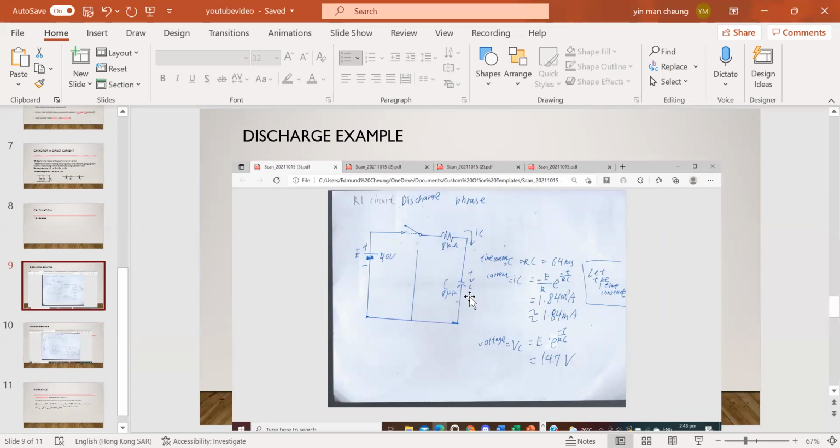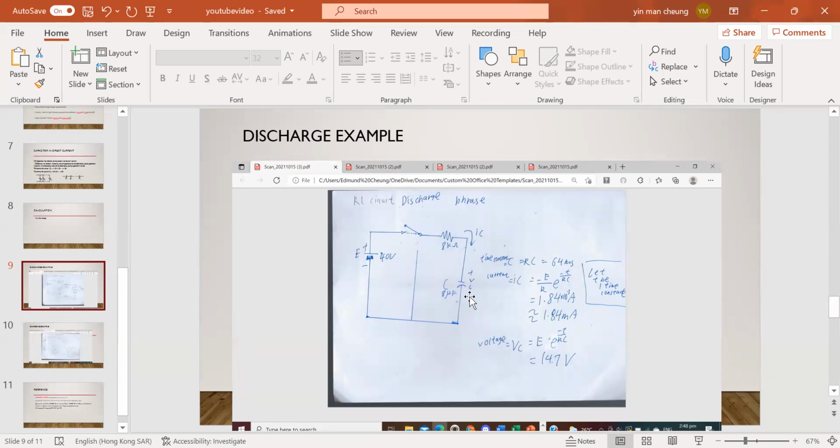The current can be calculated by using a formula called IC equals negative E, the power supply, over the resistance, times e to the power of negative t over RC. RC is called the time constant. It is made up of the capacitance times the resistance.